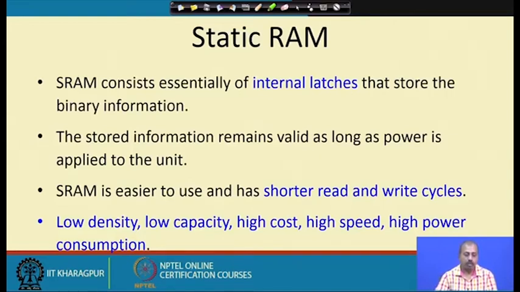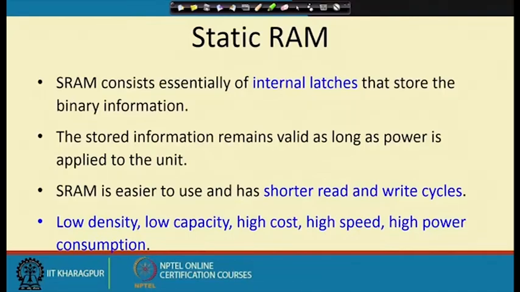Low density means per unit area how many such memory cells you can put. So, you cannot make the density high. You cannot put a large number of memory cells in a small area. Low capacity, so if the density is low, then naturally capacity will also be low, because of how many such cells you can put into the chip.